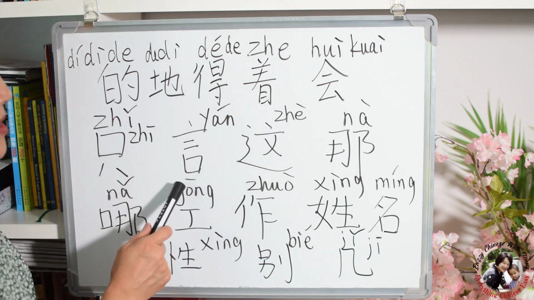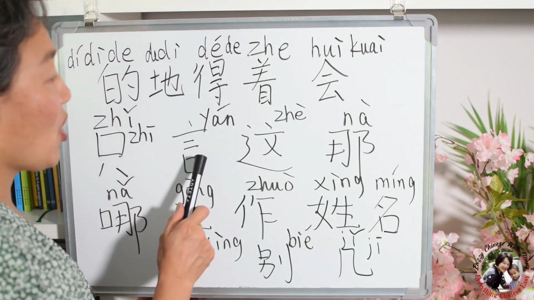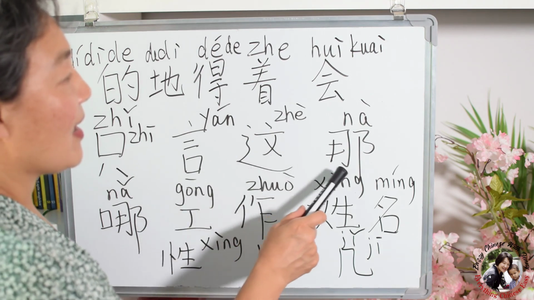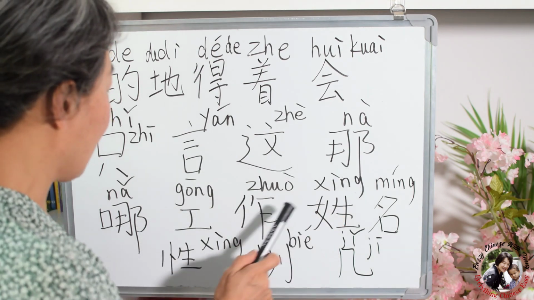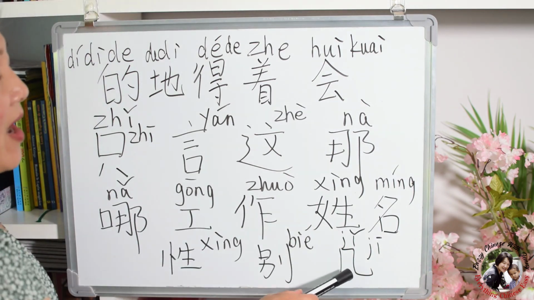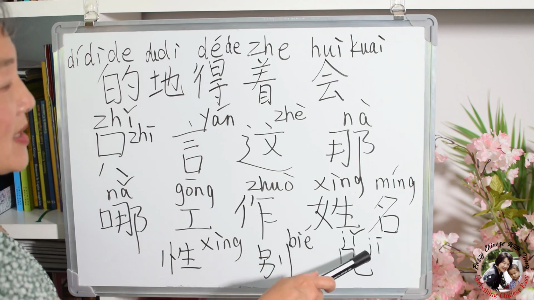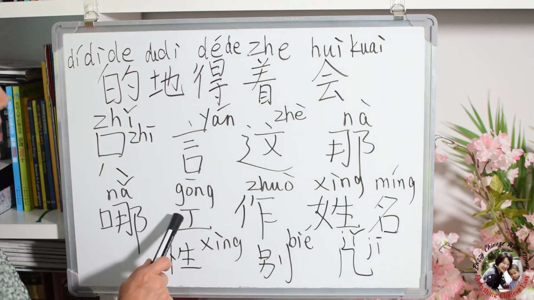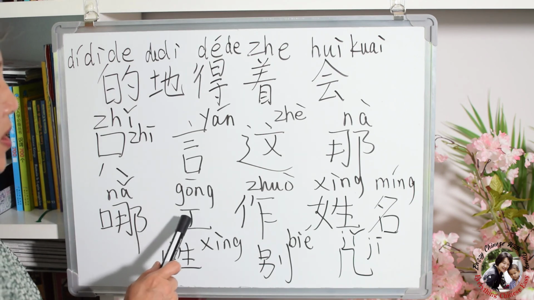Yán means sound or talk, word. Zhè, here. Nà, there. Nǎ, where. Jǐ, how many. Or jī means and table. Gōng, tool or work.